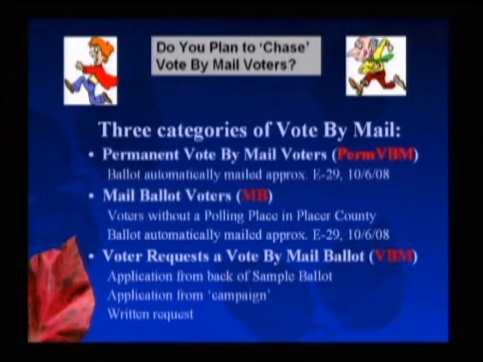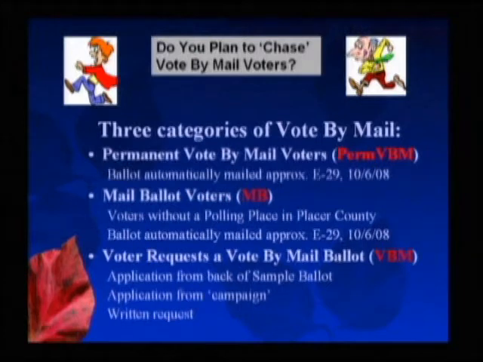The other mail ballot voters are those voters who are not permanent absentee vote by mail. Mail ballot voters are those voters who do not have a polling place to go to. Maybe their precinct is up here in God's country where there's not quite enough people to set up a polling place.